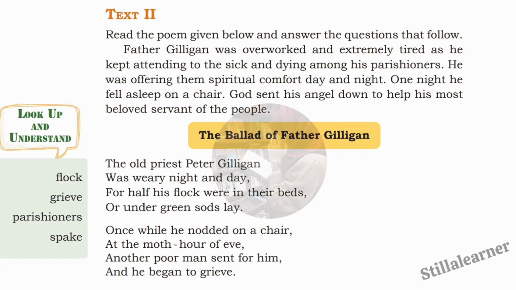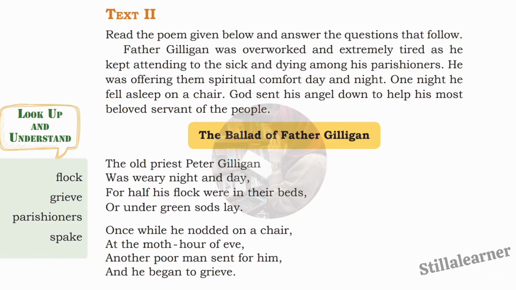Okay, that is the work he did. One day what happened? As he was overworked and exhausted, he didn't visit a person who fell sick. That night he fell asleep on a chair. But God blessed him and sent one of his angels to go and visit the sick person. Okay, so this is the introduction given.